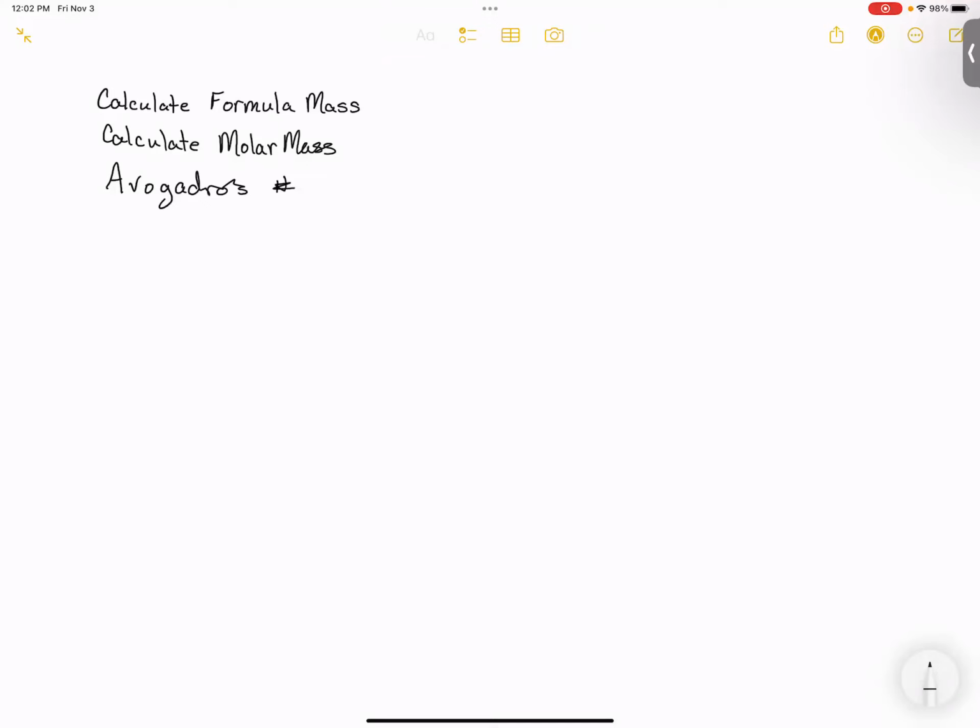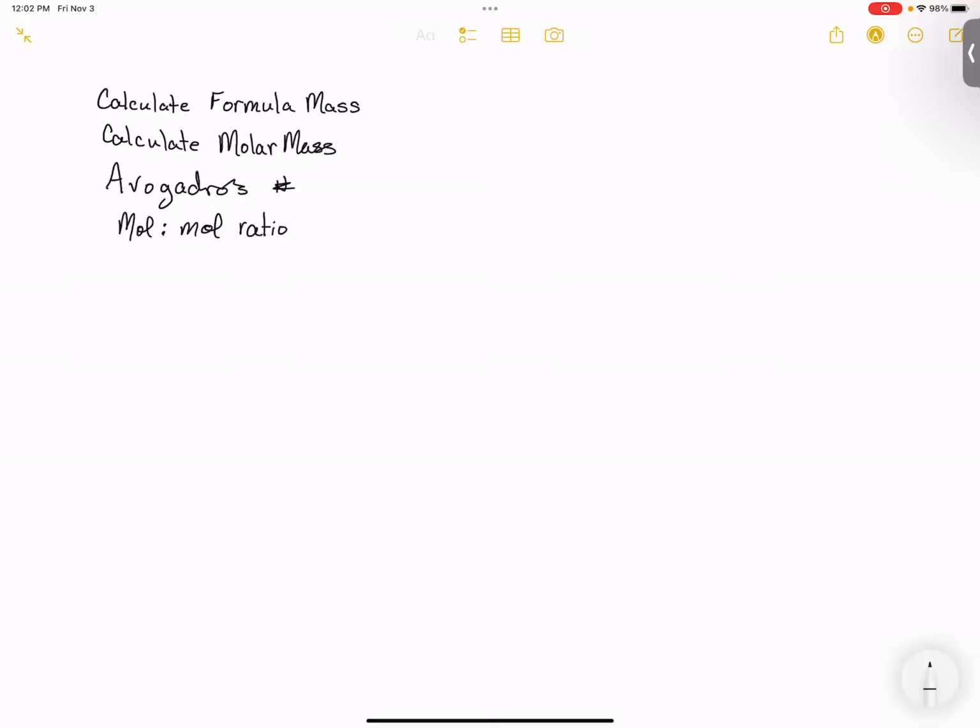And we have talked about mole to mole ratios from the balanced chemical equation. So on Monday, we specifically talked about formula mass and molar mass and calculating those. In so doing, I introduced Avogadro's number.